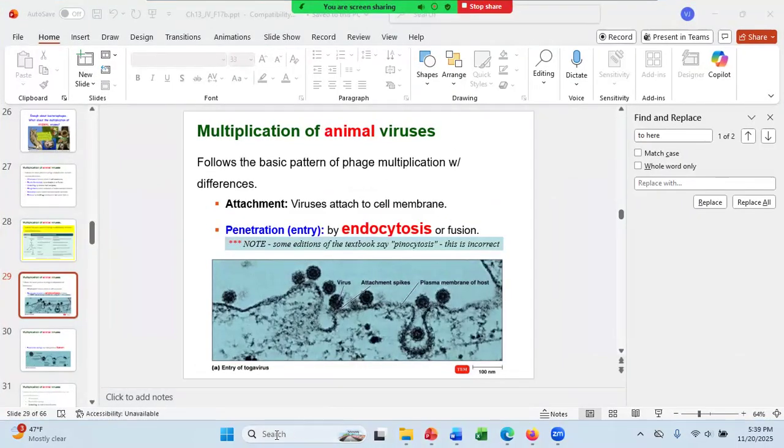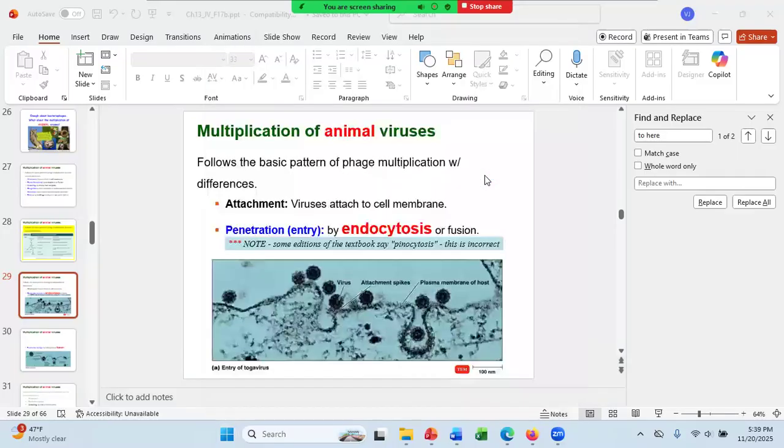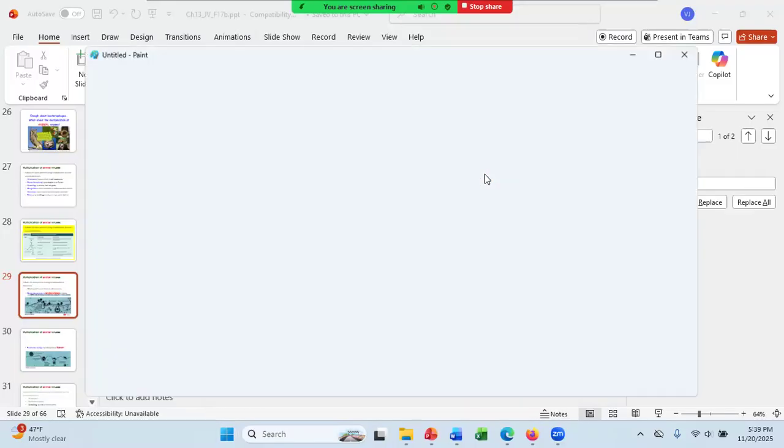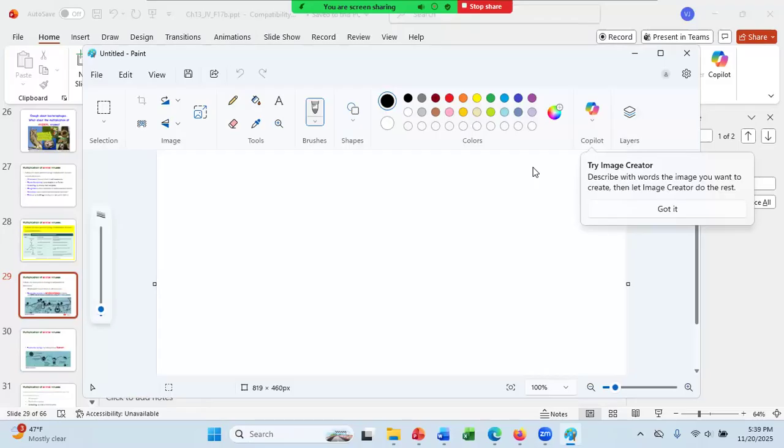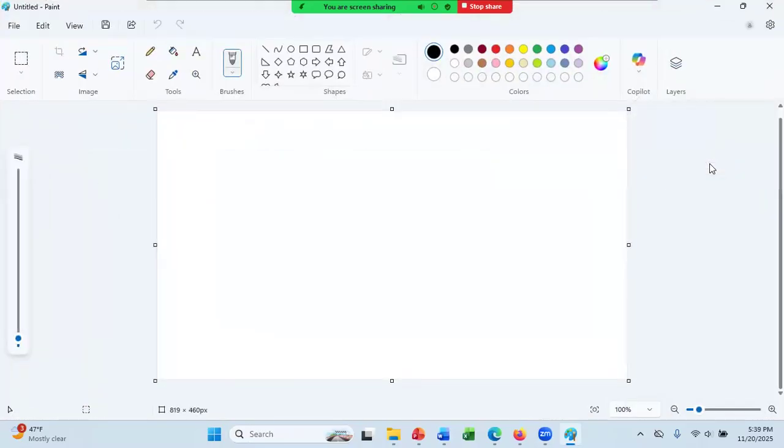Sorry, I'm not familiar with this computer and I don't see how to get Paint. See if Start does it. Oh, there we go.